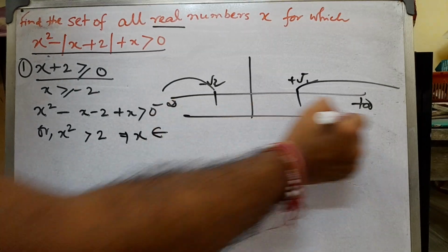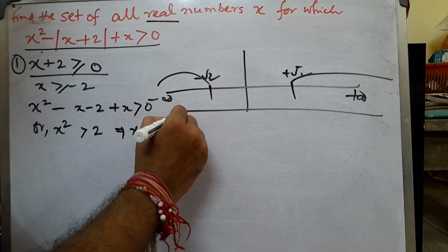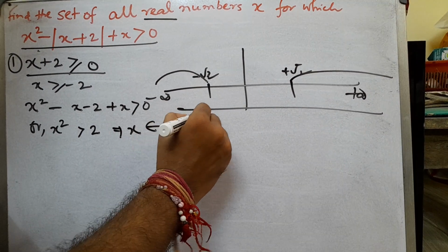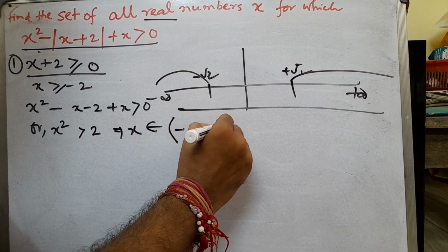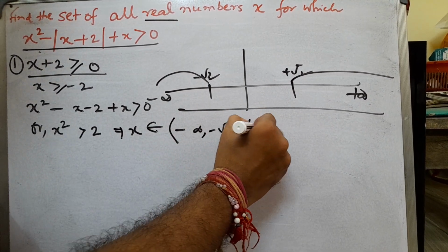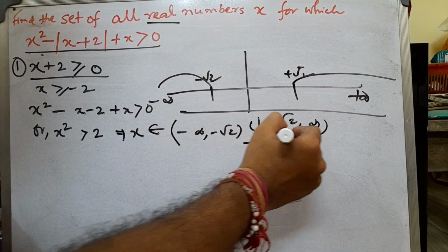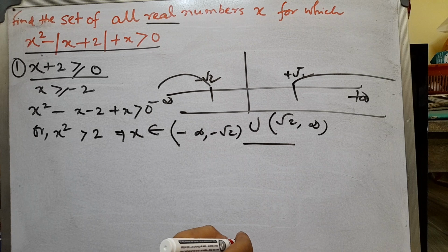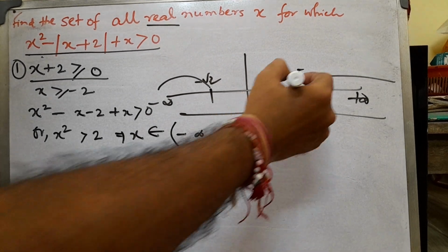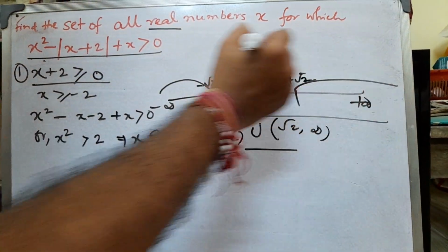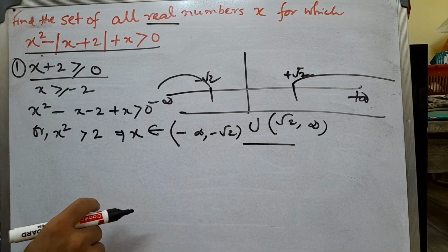Okay, so that is the inequality problem, and the range is minus infinity to minus root 2 union root 2 to infinity.